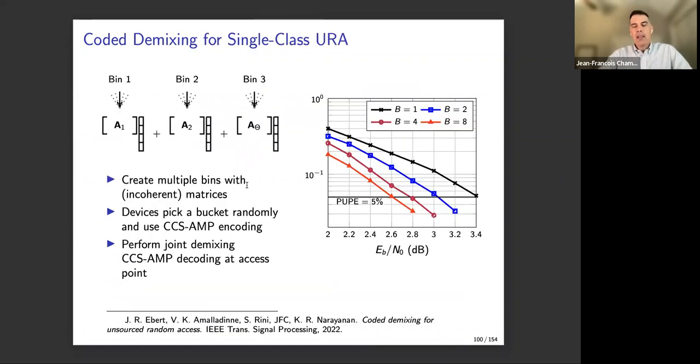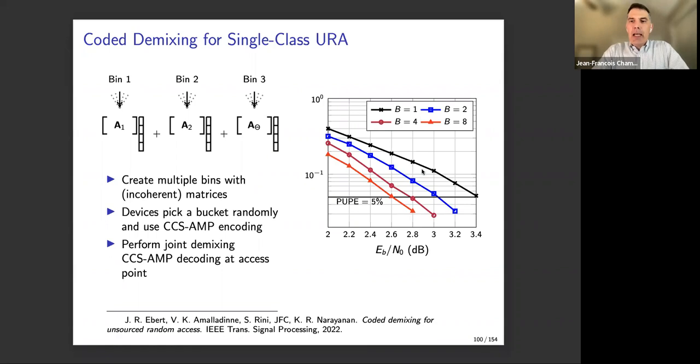If you look at this, these are some of the curves of the performance that you can gain. Here, the graph is slightly different on the right. The x-axis is now Eb over N0, and the y-axis is the per-user probability of error. The black curve is the standard coded compressed sensing with the outer code that's LDPC and approximate message passing.